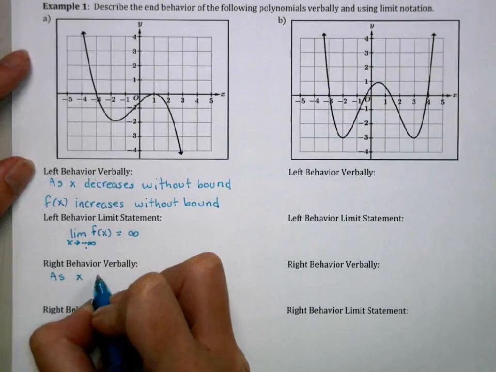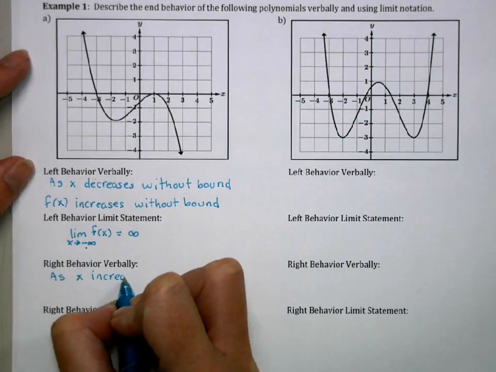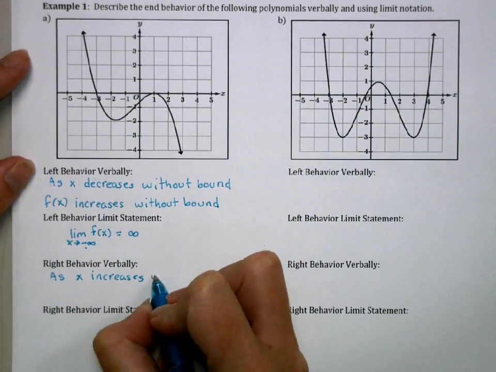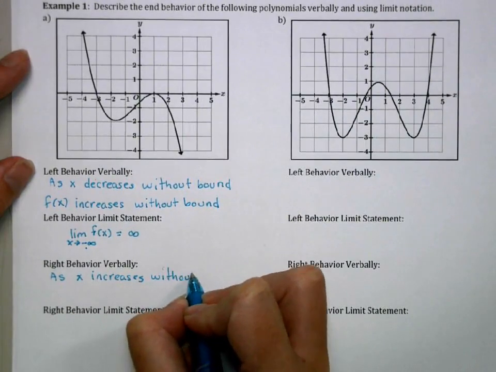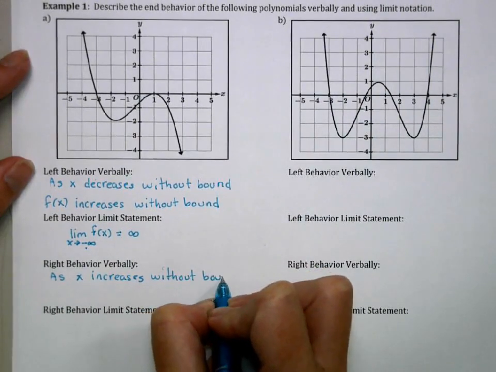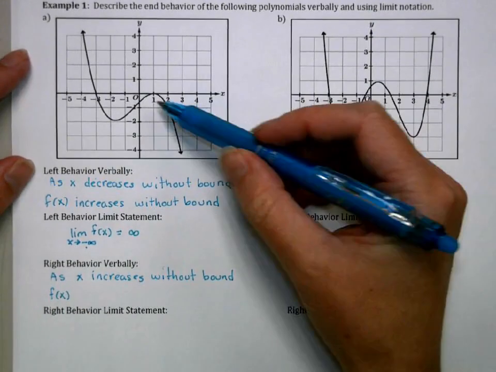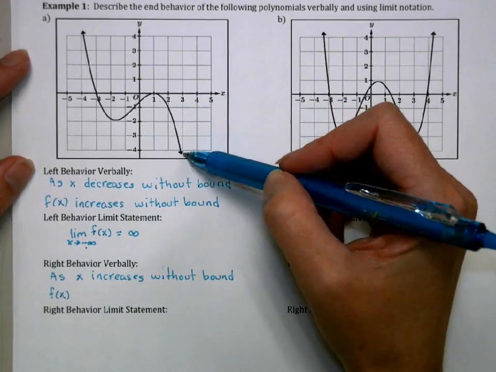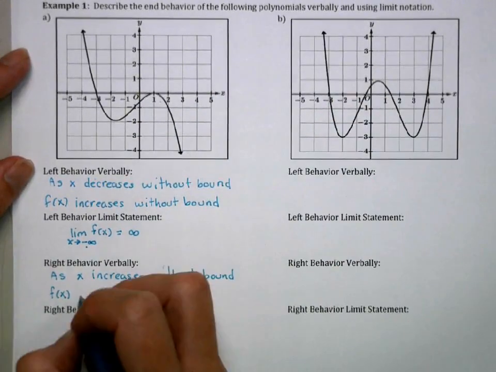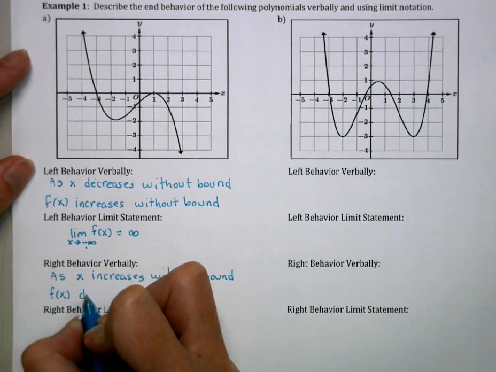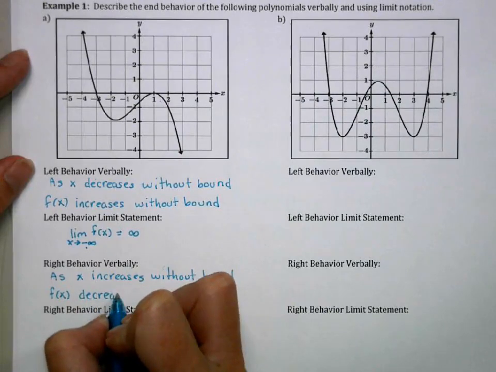So as x increases without bound, my y values, or f of x, on this graph, the y values are going to negative infinity. So we'll say f of x decreases without bound.